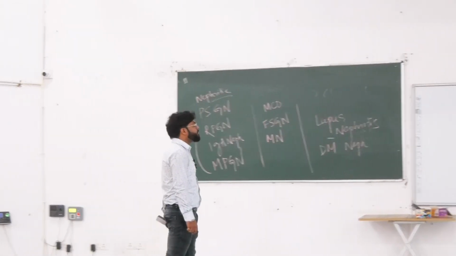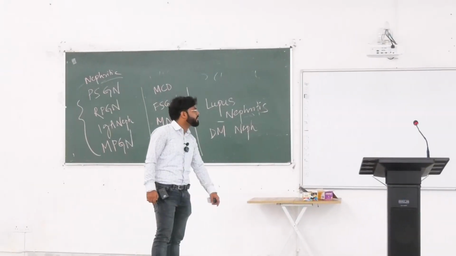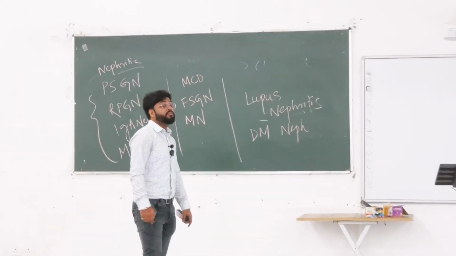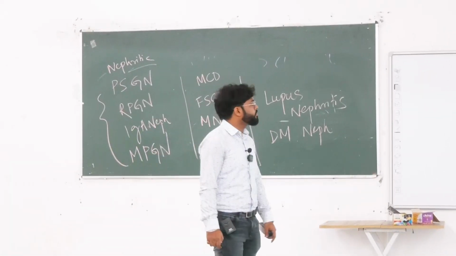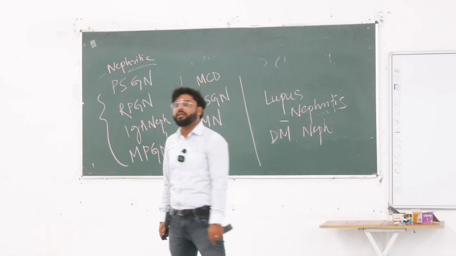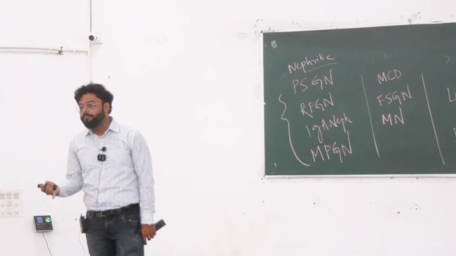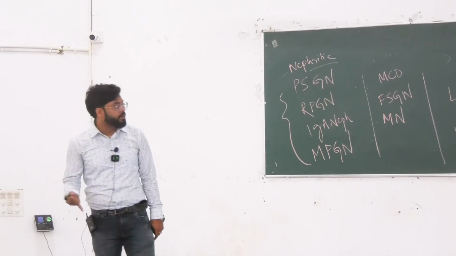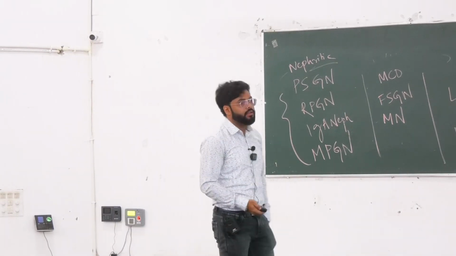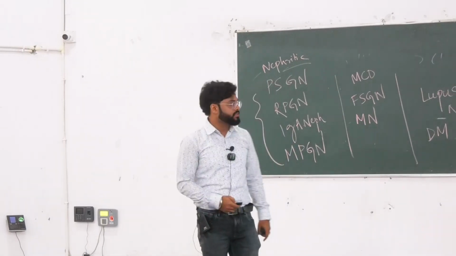Some systemic infections like viral, bacterial, protozoal, etc. A few drugs cause nephrotic syndrome, and a few malignancies, most importantly, a very important point, Hodgkin lymphoma, carcinoma, and myeloma, present as nephrotic syndrome.